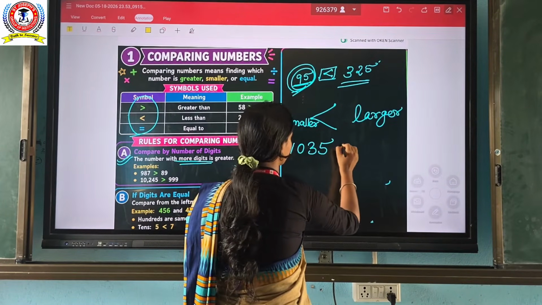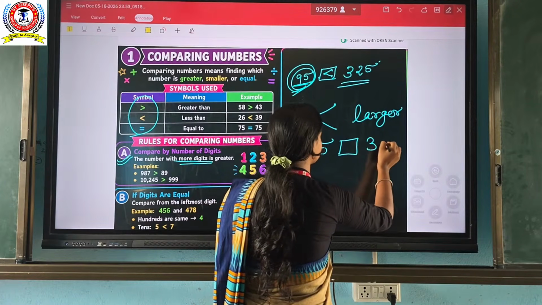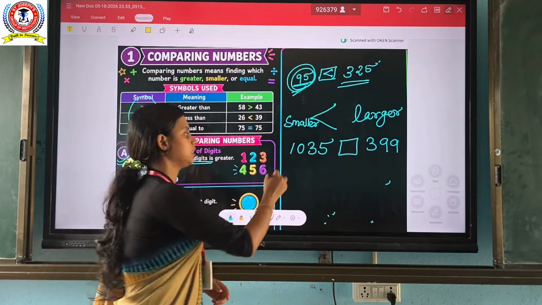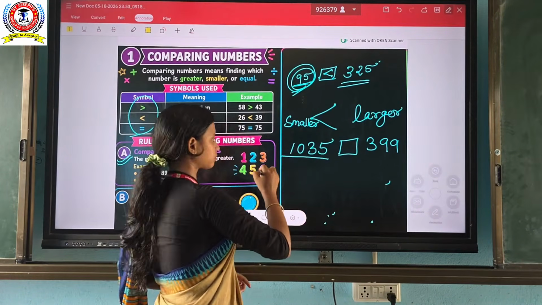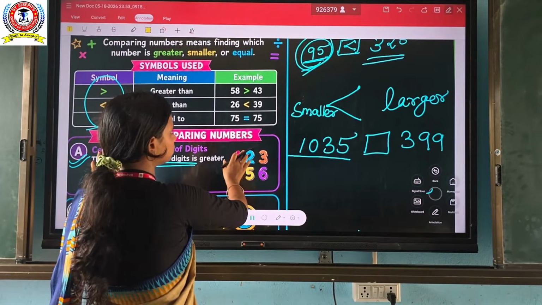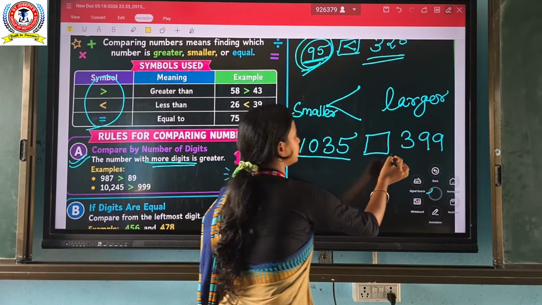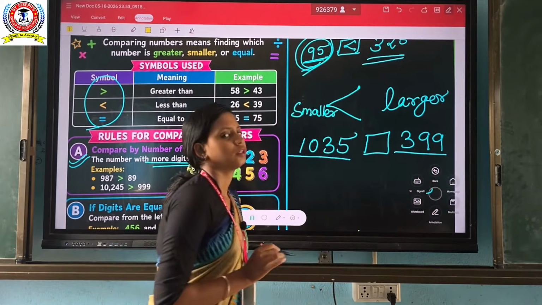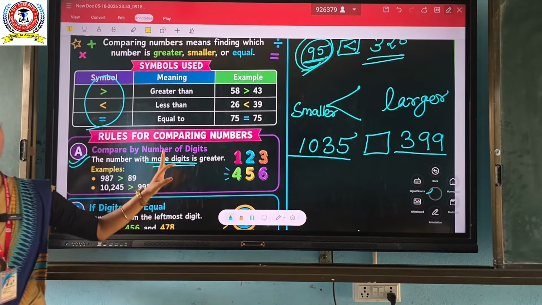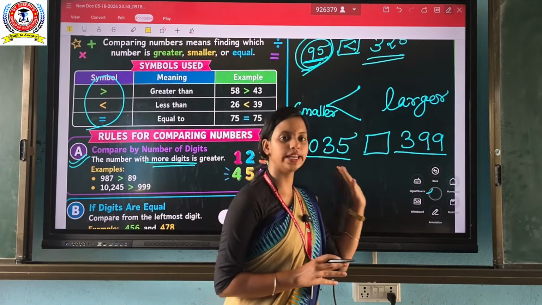Next, 1035. Here I have taken another number, 399. So 1035 is a 4-digit number and 399 is a 3-digit number. As rule 1 says, the number which has more digits is always greater, so the 4-digit number is greater here.